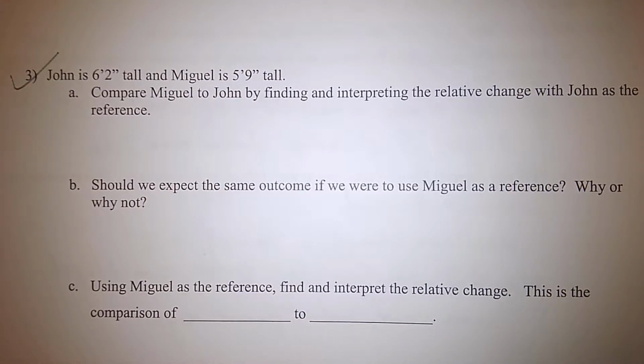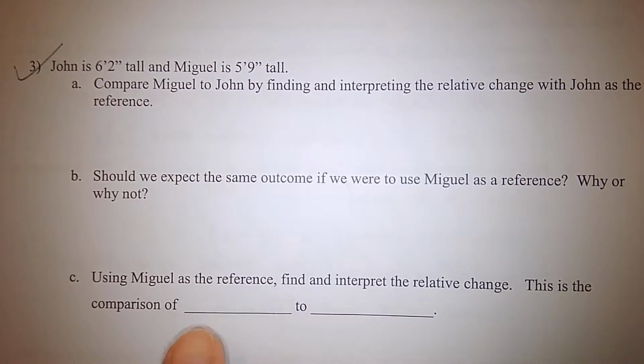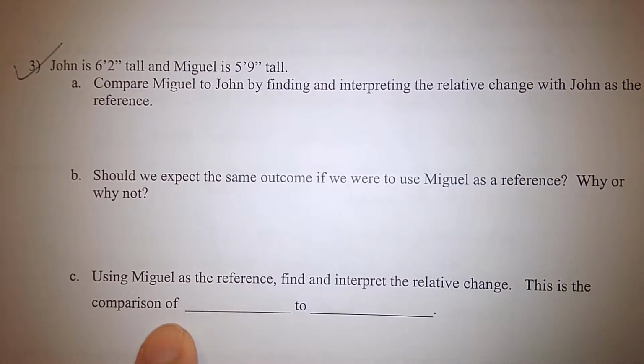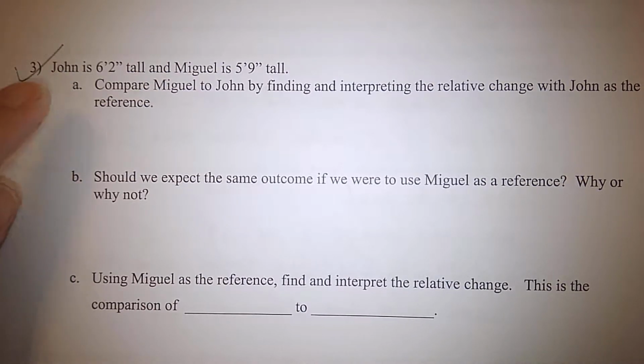John is 6-2 and Miguel is 5-9. Compare Miguel to John by finding and interpreting the relative change with John as the reference. Should we expect the same outcome if we were to use Miguel as a reference? Why or why not? Using Miguel as the reference, find and interpret the relative change. This is a comparison of point to point. Okay, very good. Let's look at these questions one by one.